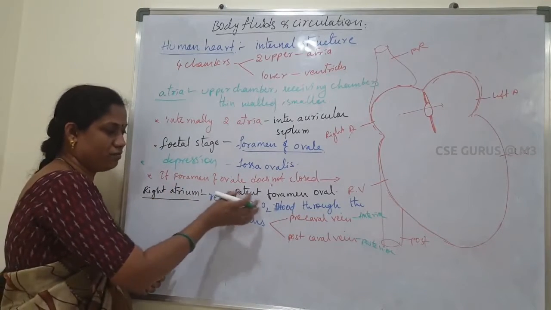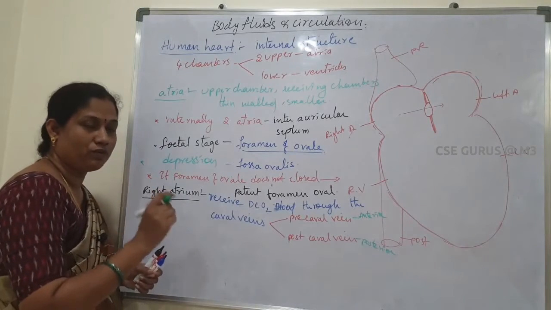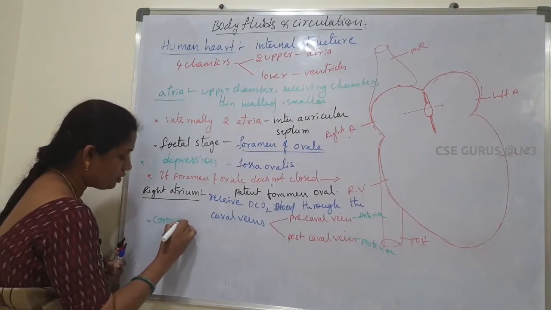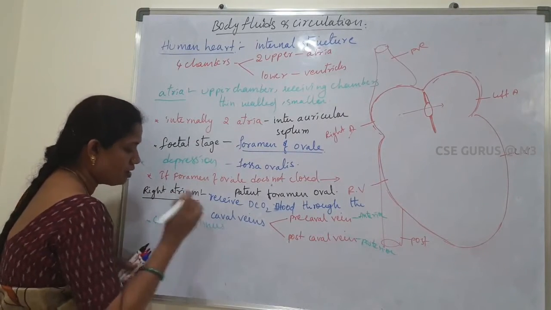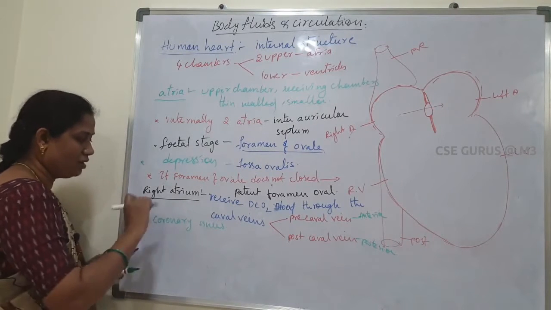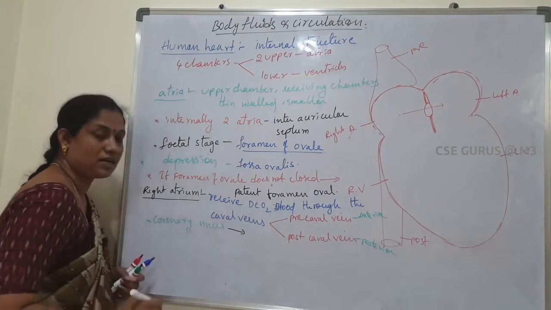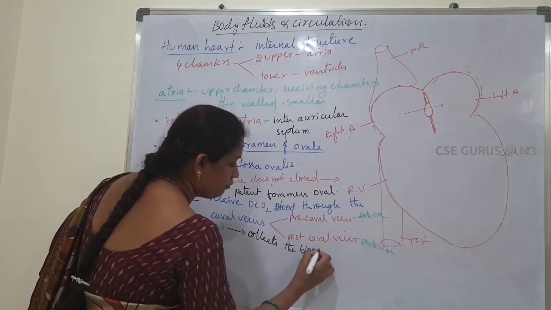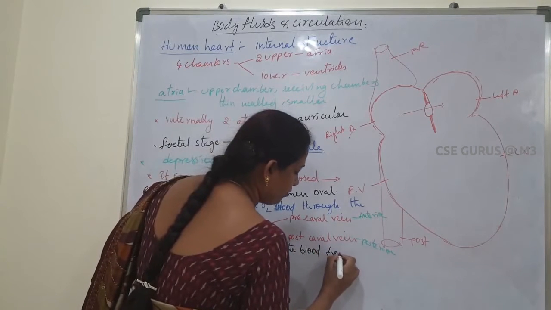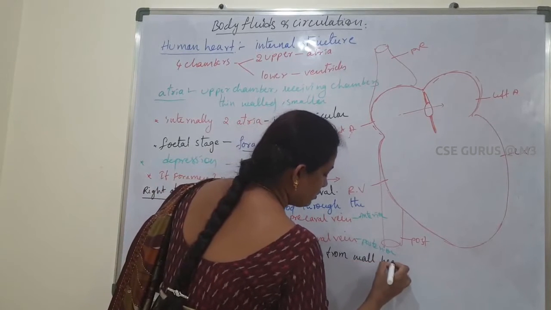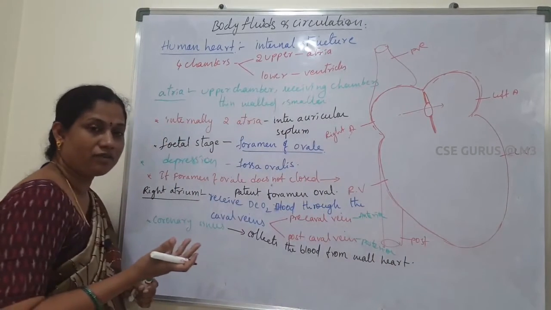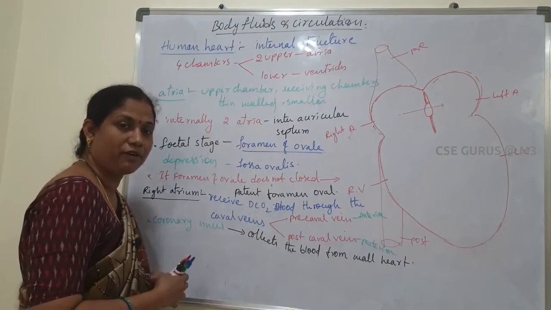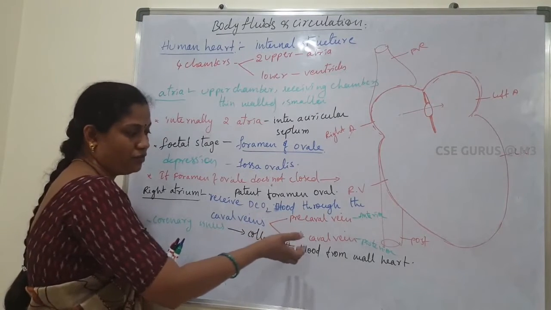Next, along with these caval veins, one more vein also opens into the right atrium, that is called coronary sinus. This coronary sinus collects the blood from the wall of the heart.